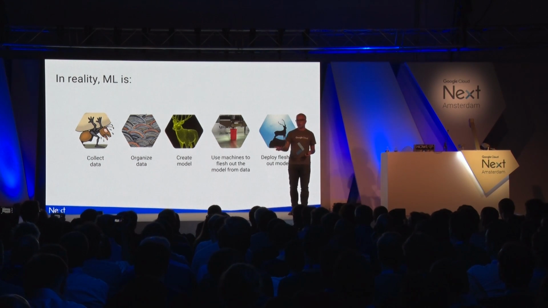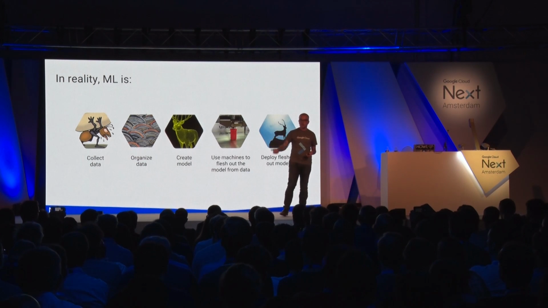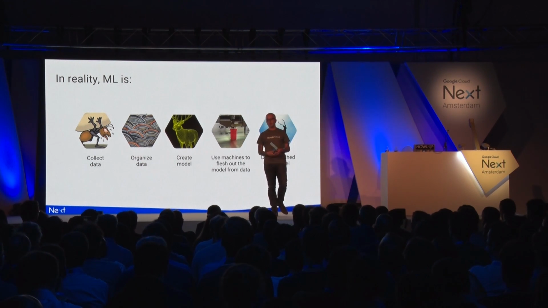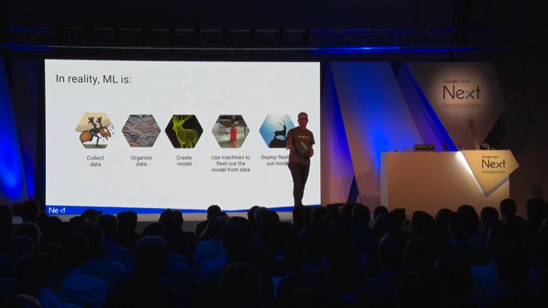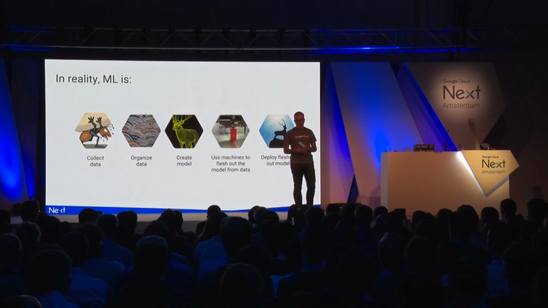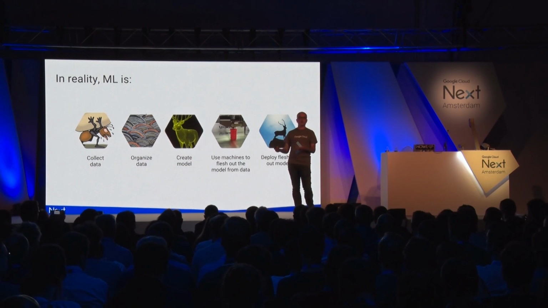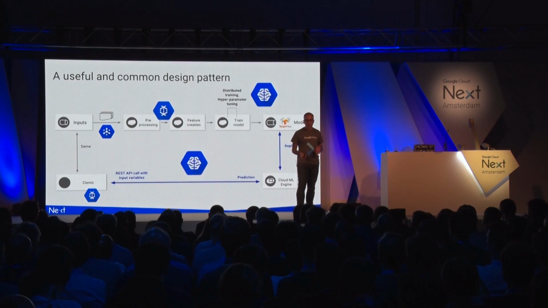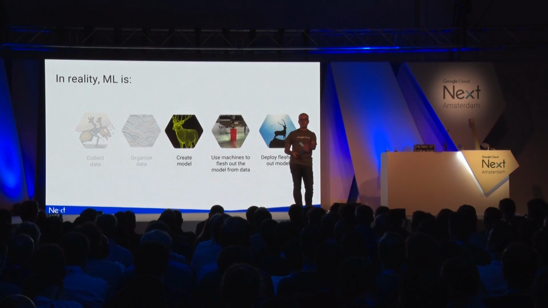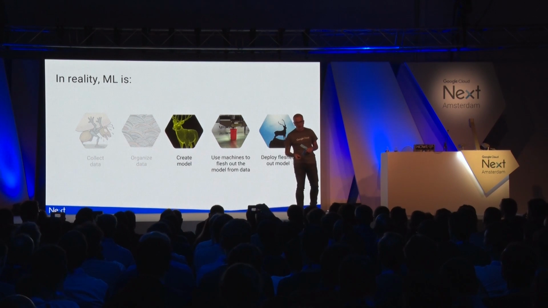And then once we've got the model, we need to train it, we need to make sure that it's actually up and running, that it does something useful, and then we can go and deploy the model. This workflow involves a lot of time. I would say each of those little hexagons there, they all involve maybe not equal amounts of time, but they all have their own challenges. Today we're not going to focus on the first two, we're going to focus on the latter three.